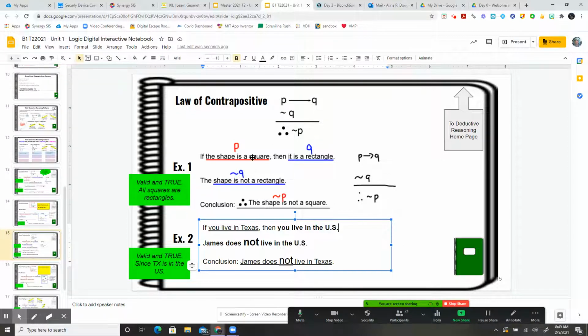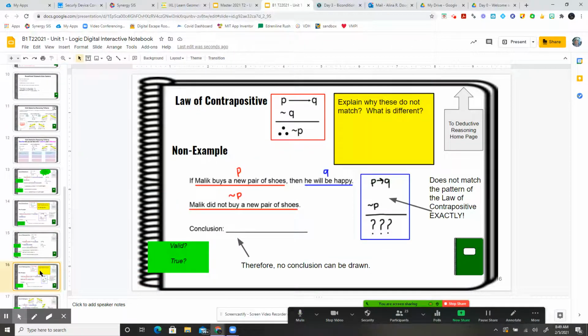We've still separated them. One compound sentence turns into 2 simple sentences, but this pattern is the not Q and the not P. I can't write it the other way around. If it starts P, it has to be positive, and if it starts Q, it has to be negative. Okay, and that's just the thing you have to memorize with this. Last slide. What's the difference between this pattern and this pattern?